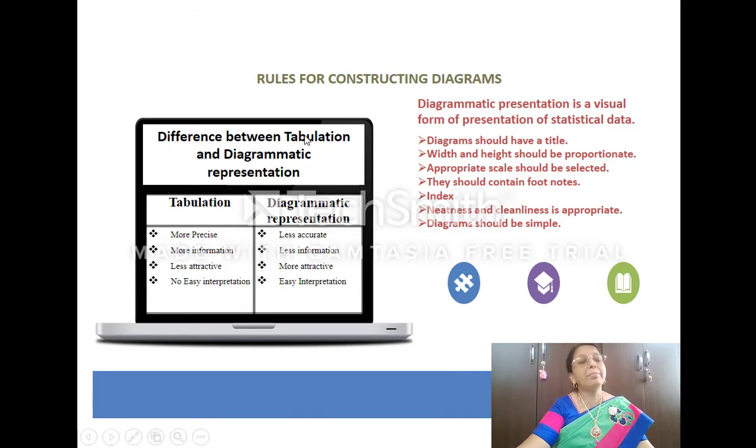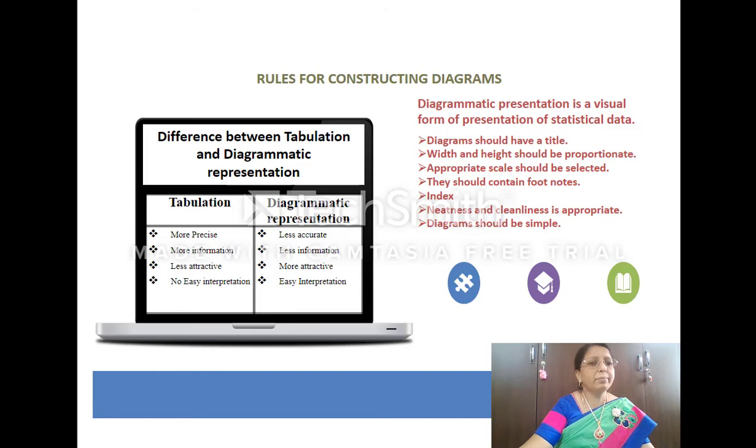Difference between diagrammatic representation and tabulation. Tabulation is more precise, but diagrams are less accurate. You can't draw the decimals in a diagram. More information is there in a table, but a diagram is attractive, though the information is less. Tabulation is less attractive, diagrams are more attractive, and tabulation takes some time for us to interpret.